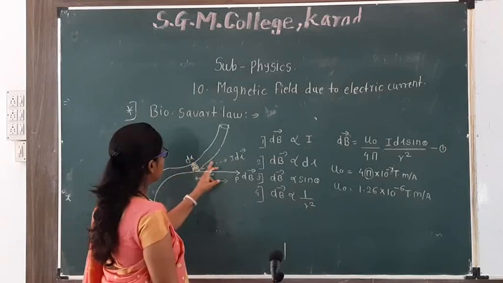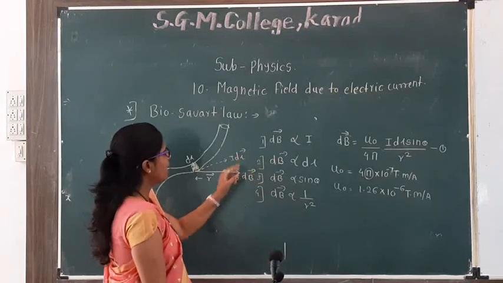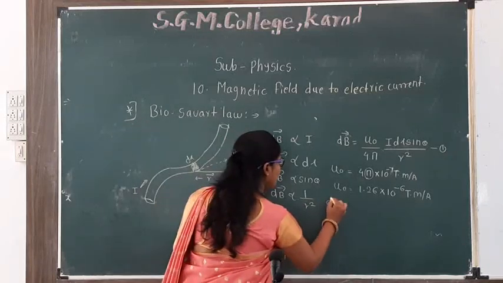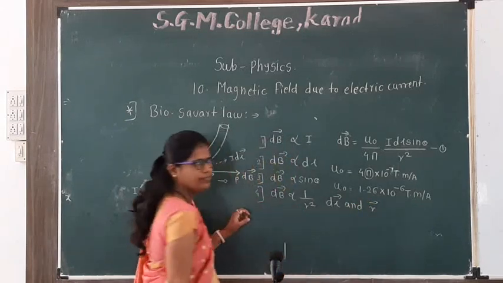Now in vector form, when current is flowing toward the length of the small element, here theta is the angle between vector dl and vector r.